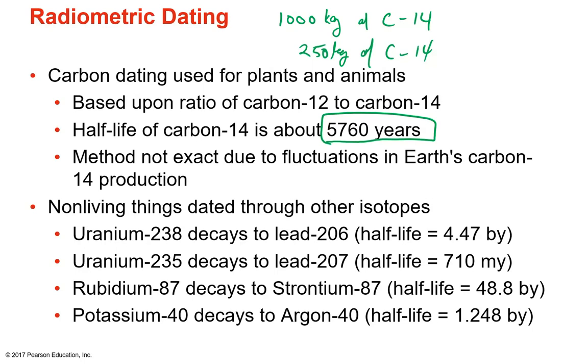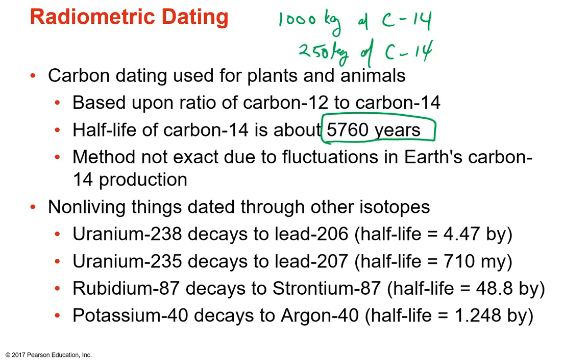How much do you have remaining? If you start with 1,000, you have 250 remaining. What fraction is remaining? 1/4. So if you have 1/4 remaining, how many times has that mass been cut in half?